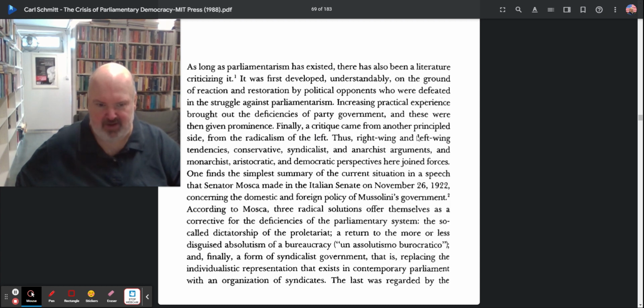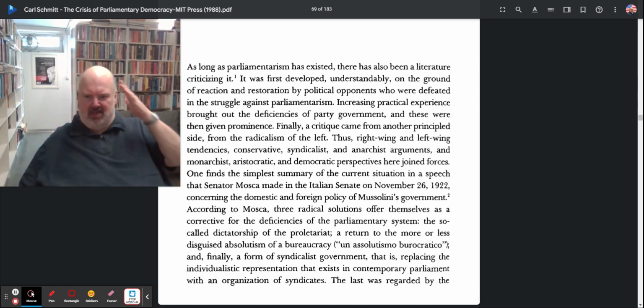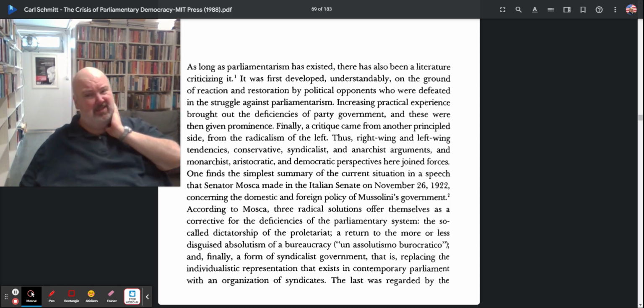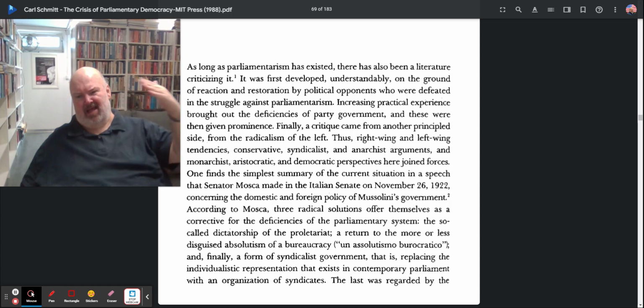Finally, a critique came from another principled side, from the radicalism of the left. So in many ways, Political Parties by Robert Michels started out as a left-wing critique of class and social status as being the instrument driving the nature of political party representation.